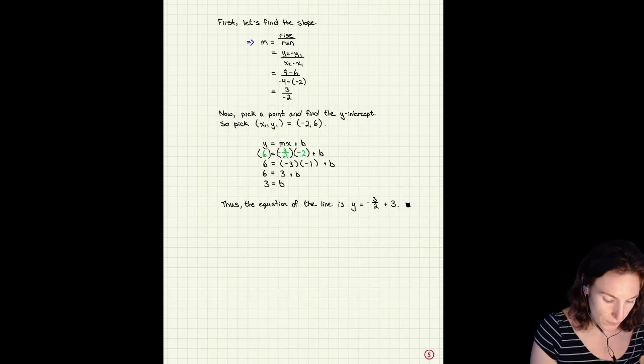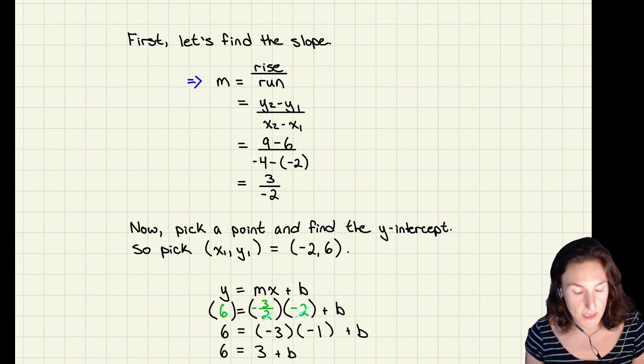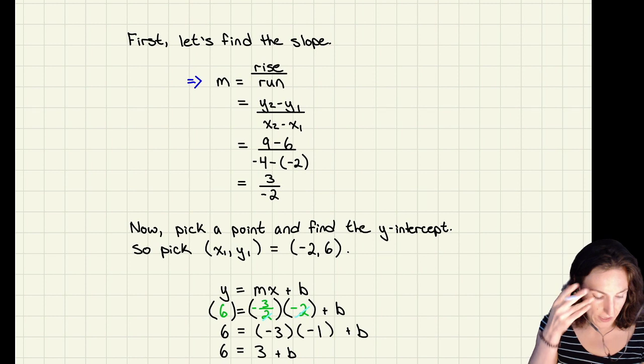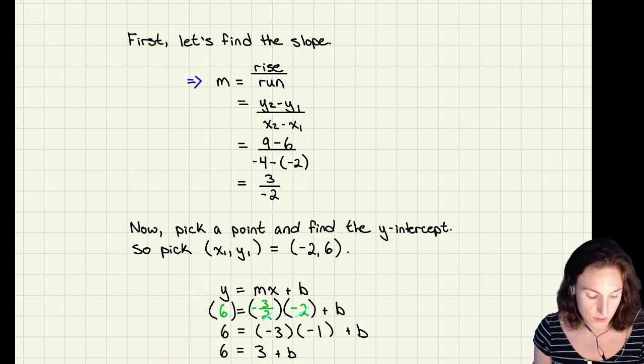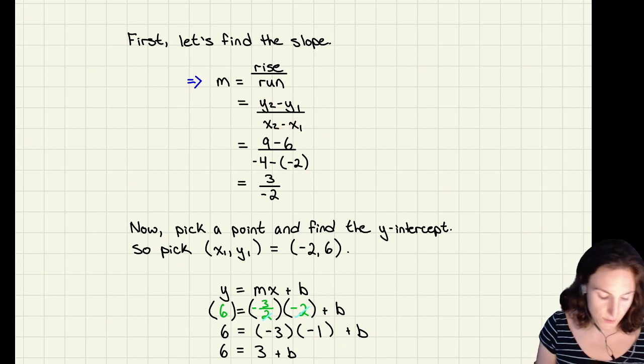Okay, so first thing that we're going to do is find the slope. So what is our slope? We find it by using rise over run, which means y2 minus y1 over x2 minus x1.